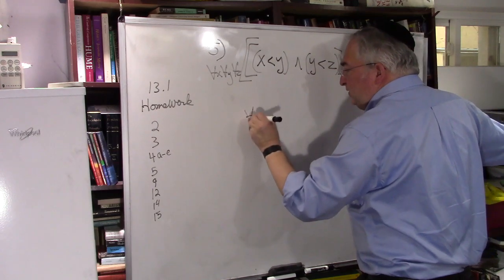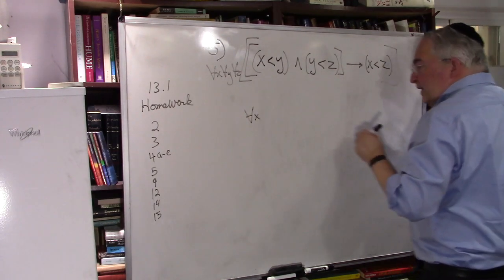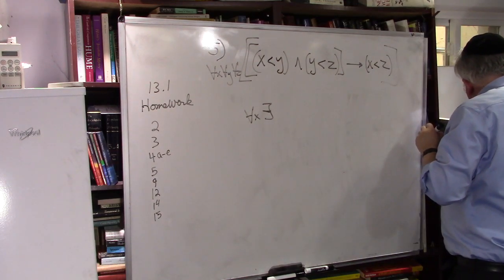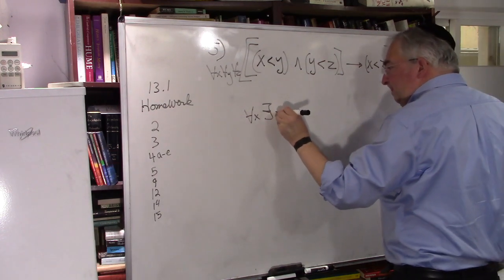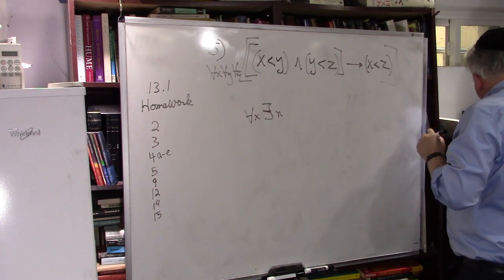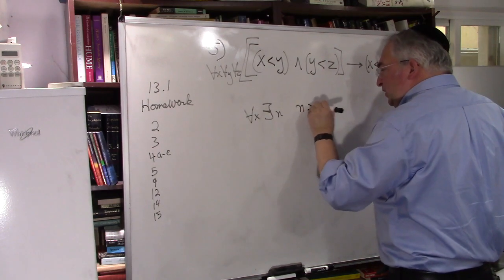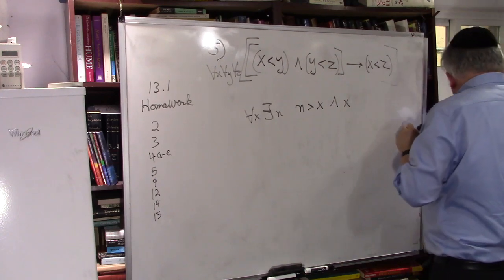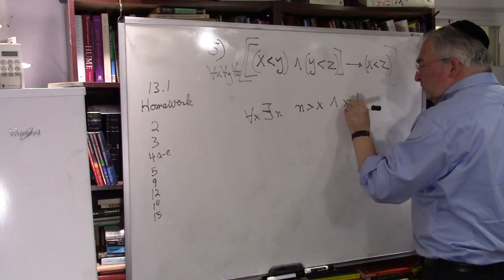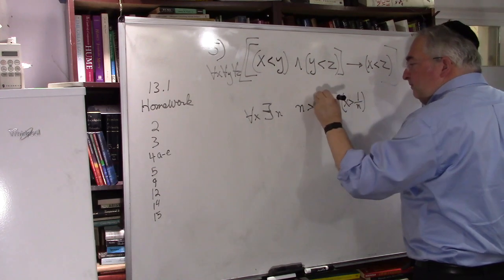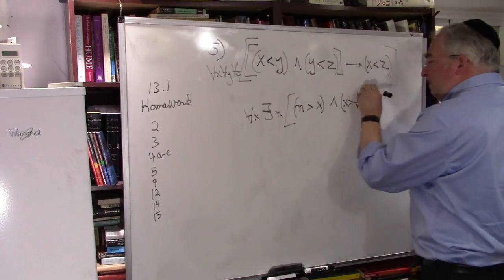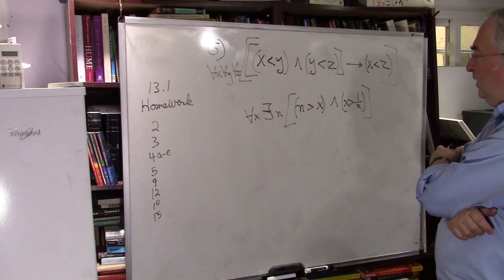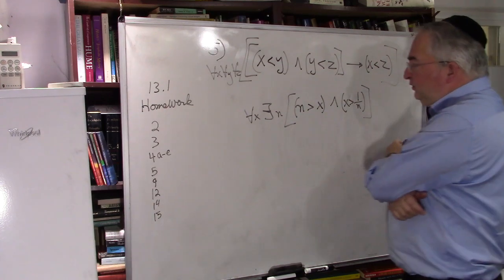For all x, there exists an n such that n is greater than x and x is greater than 1 over n. Okay, I'm going to assume that this is all about the real numbers.